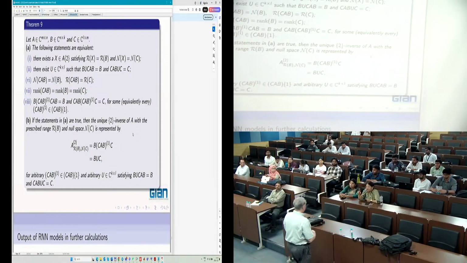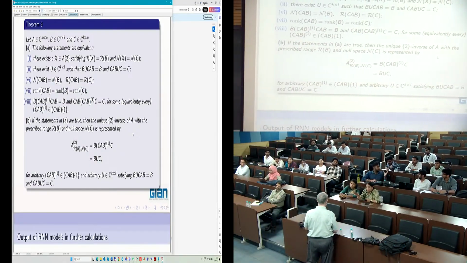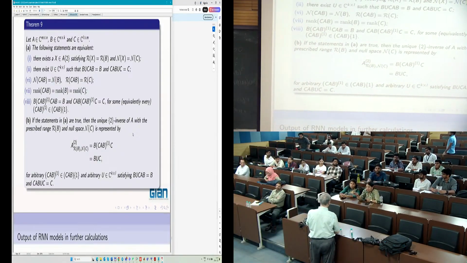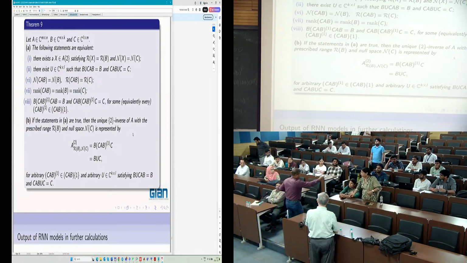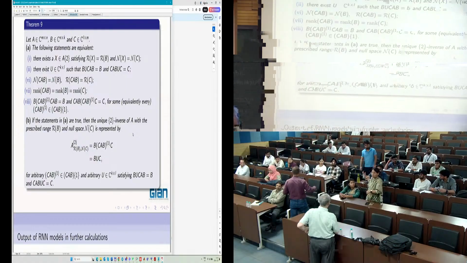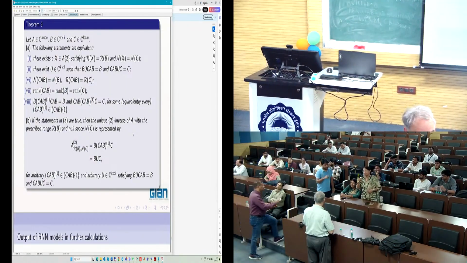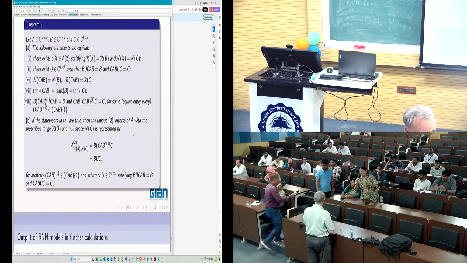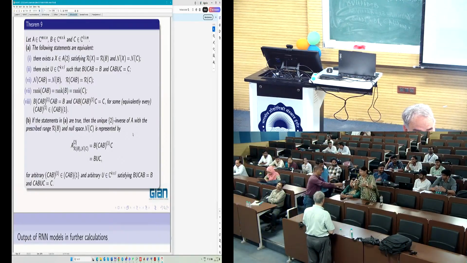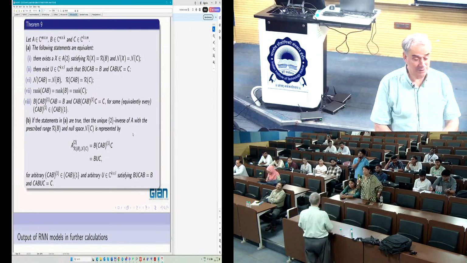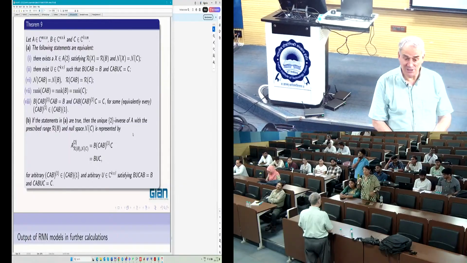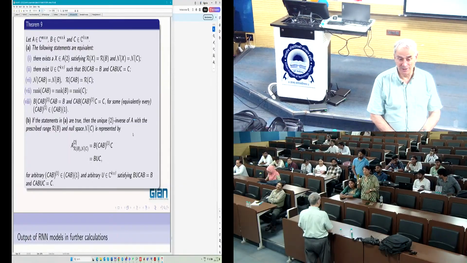A question: can we use this model in real life applications, like diagnosis of tumors, diagnosis of some diseases, doing matrix equations? Yeah, of course, we can.